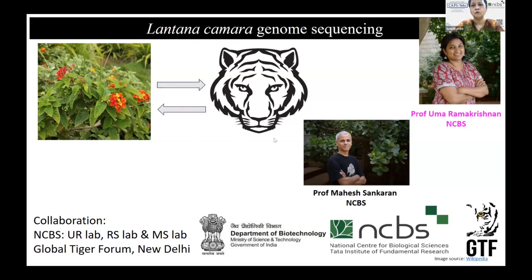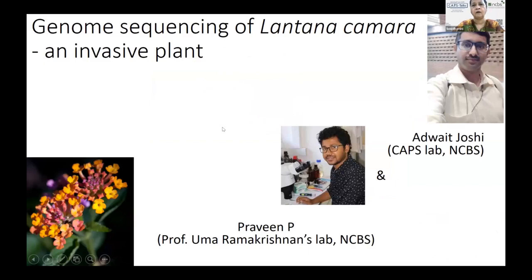Our role was to understand the genome aspects of this particular plant, and for this we set out to purify the DNA. Before that, Praveen of Uma's lab had also been interested to see whether this invasive plant has a wide distribution and variation in its ploidy levels.